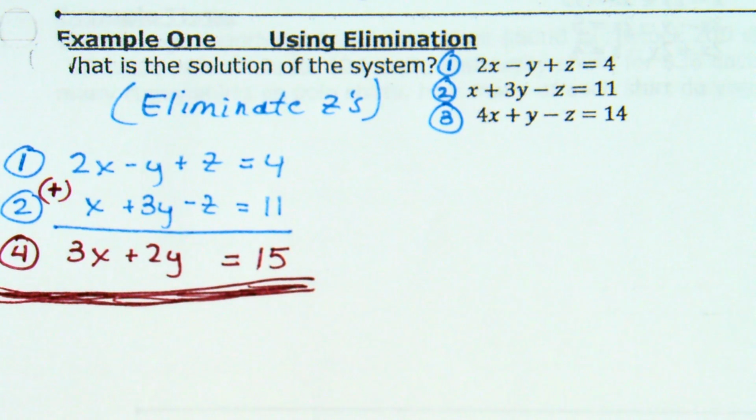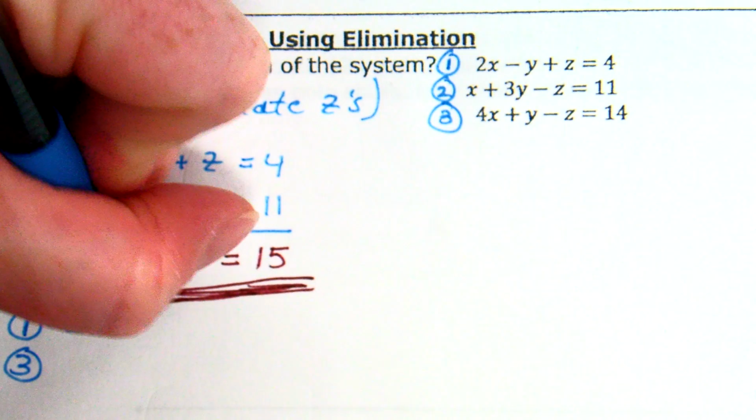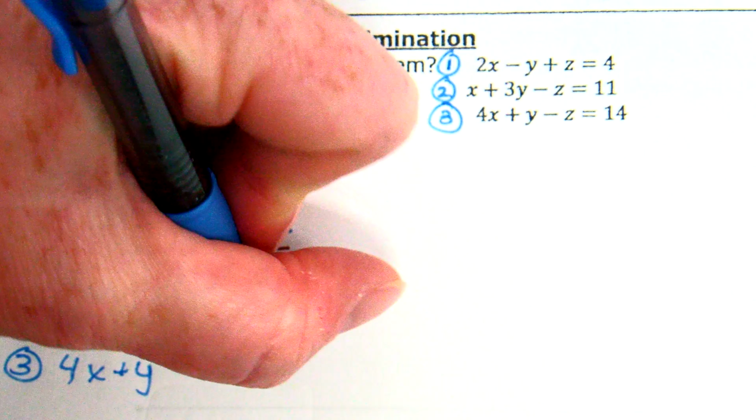Because you have a positive z and a negative z ready to go. So I'm going to write down 1 and 3. 1 is 2x minus y plus z equals 4. 3 is 4x plus y minus z equals 14.